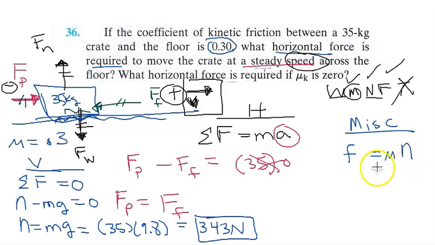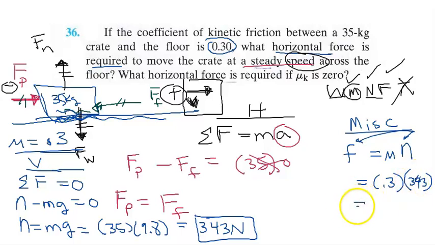And I hope that makes sense, that the more the surface is squished, the more the nooks and crannies interact with each other. So the bigger the normal, the bigger friction. So friction is going to be 0.3, which is a measure of how interactive the nooks and crannies are, times the normal force, which is 343. That's a 4. So friction is 103 newtons.